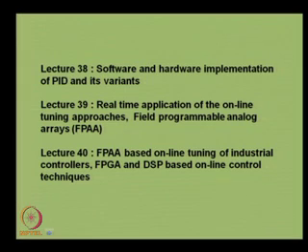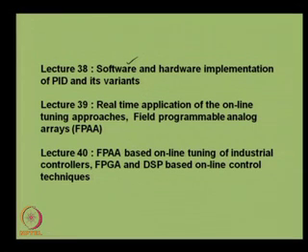In lecture 38, we shall discuss about software and hardware implementation of PID controller and its variants. Software implementation of PID controller is relatively easy. Coming to the hardware implementation, one can have analog PID controller, digital PID controller and so on.